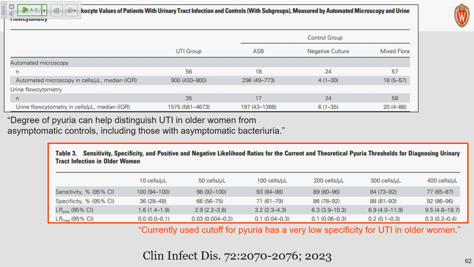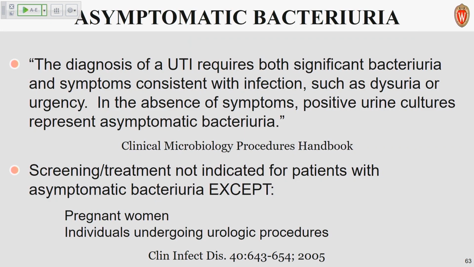And again, the specificity value is how predictive your white count finding is of a significant UTI. And the numbers are quite low in the specificity when you get to 10 and 50, and they probably start optimizing when you get to about 200 and 300 white cells per microliter. So they're arguing that a cutoff of 10 white cells per microliter is too low as far as really trying to rule in a urinary tract infection, especially in folks who may have asymptomatic bacteria.